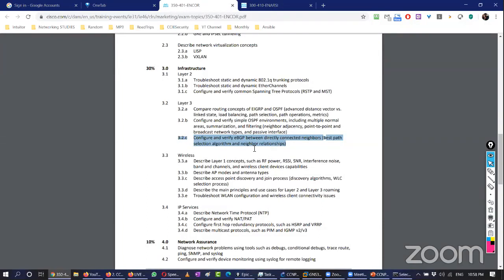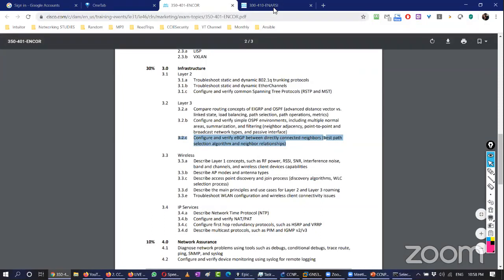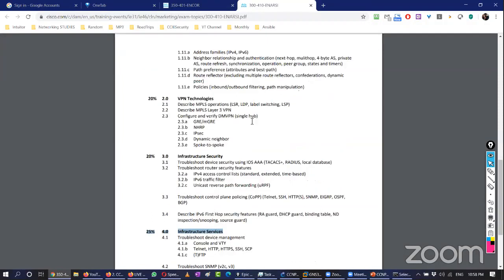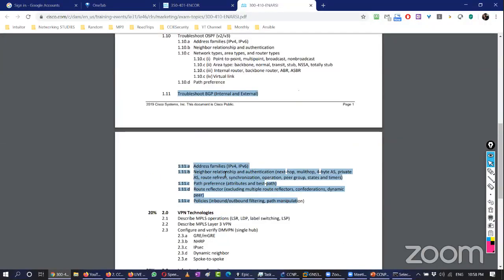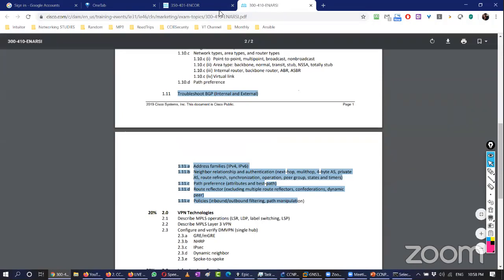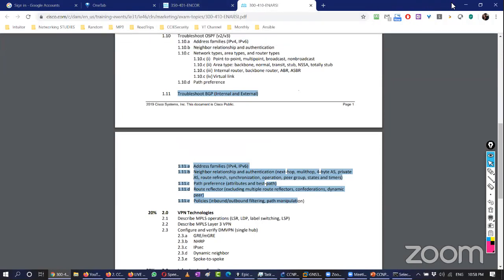And from the NRC point of view, you have troubleshooting, address families, neighbor relationship, authentication, and a lot of other things like next hop, multihop, 4-byte AS, route refresh, synchronization, path preferences, route reflector, policies. Okay, so these are the detailed topics which we have under NRC.